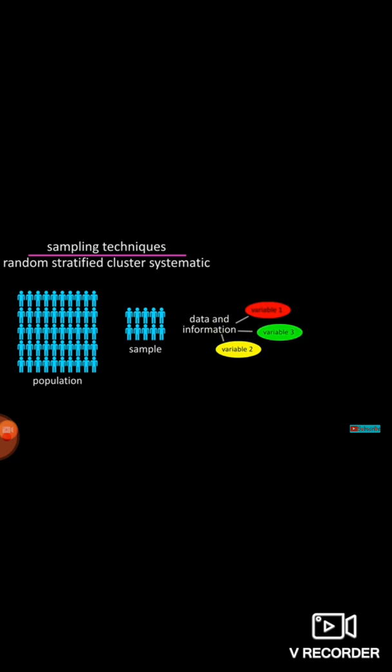If the size of the sample is small, then it will not be representative of the population, and if the distribution between the items is very large, the method cannot be used.